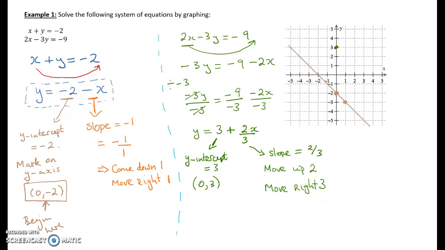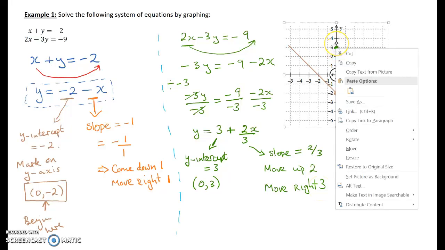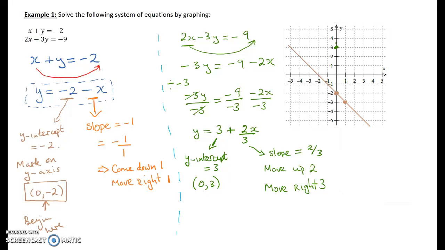Okay, so we're going to start with the y-intercept, and we're going to go up 2, and then we're going to go 3 to the right. 1, 2, 3. And just at that point there. Okay, so now we'll draw a line through those. And again, do it as accurately as you can.